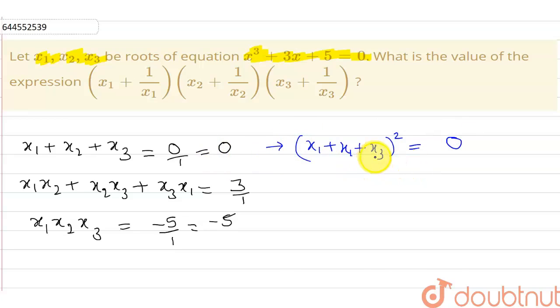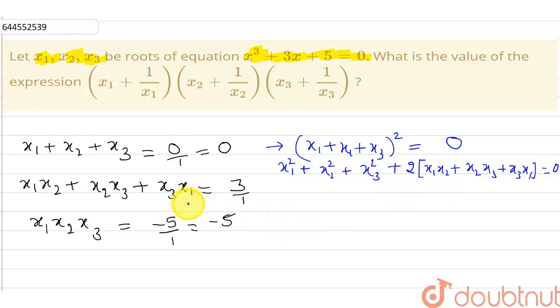If I open this, this will give me x1 square plus x2 square plus x3 square plus 2 into x1 x2 plus x2 x3 plus x3 x1, and the right side is 0.